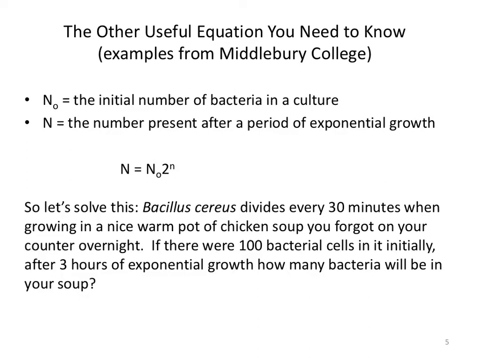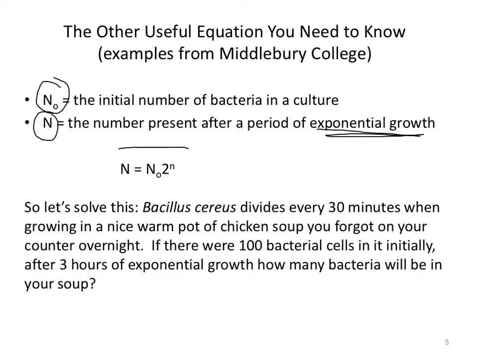N naught is the initial number of bacteria in a culture. N, shown in capitals, is the number present after a period of exponential growth. All of this math that I'm going to show you is only relevant when applied to data collected during exponential microbial growth.